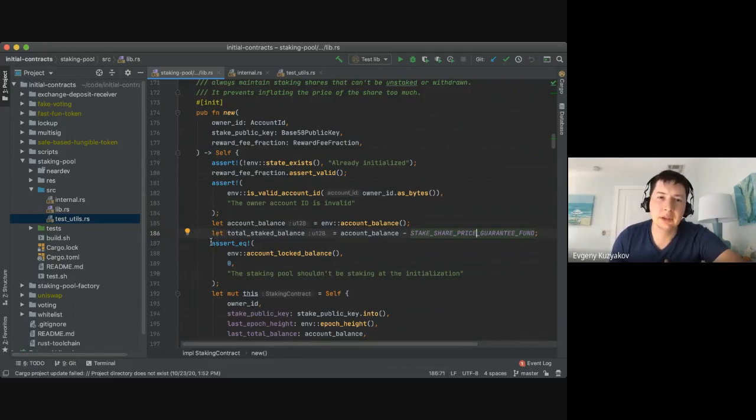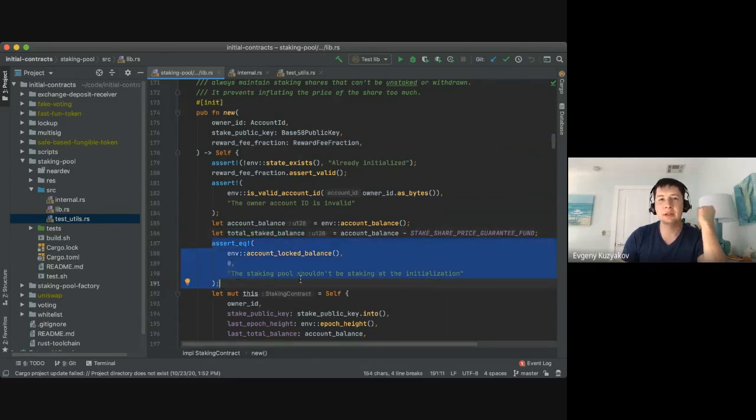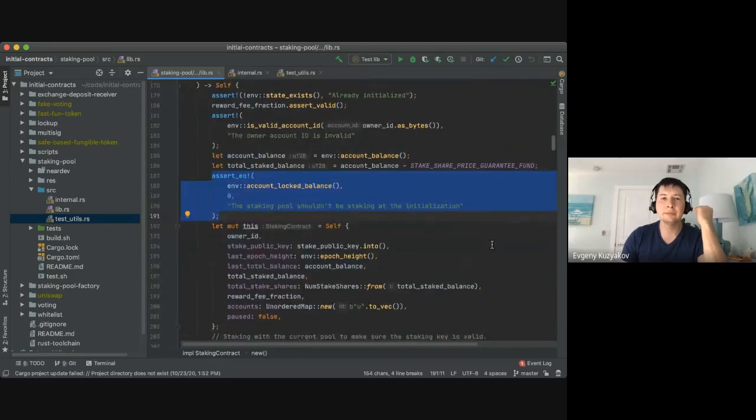Finally, we remember what's the balance that we're gonna stake on behalf of this contract itself. This is required to establish some baseline to limit the rounding differences. And we verify that the account doesn't stake already.